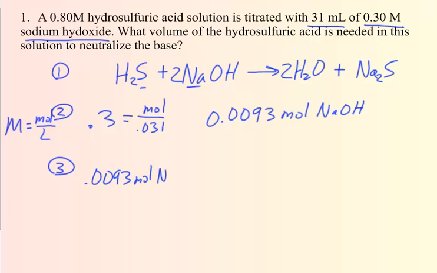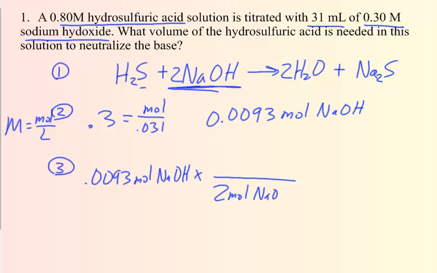So our third step is to now take the moles of NaOH and convert it into moles of what we're looking for. In this case, we're looking for our acid. So using our balanced equation, we know that the mole ratio here is 2 moles of NaOH to 1 mole of our acid.